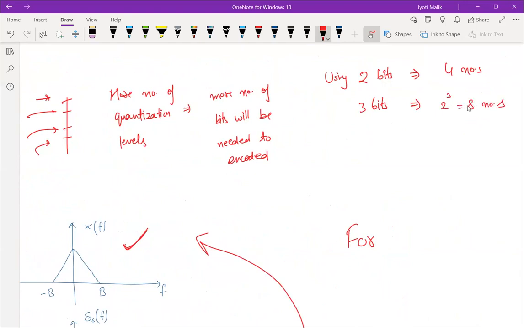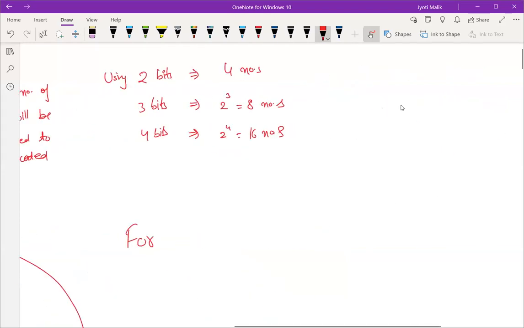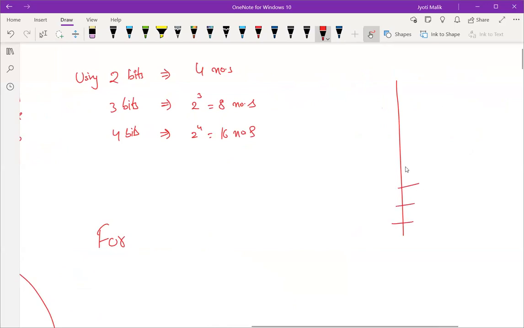Using 4 bits, 2 power 4, 16. Means the more the number of levels, the more bits. For example, if you have 8 quantization levels, L1 to L8, to represent these 8 levels you will need 3 bits. If you have 16 levels, you will need 4 bits.